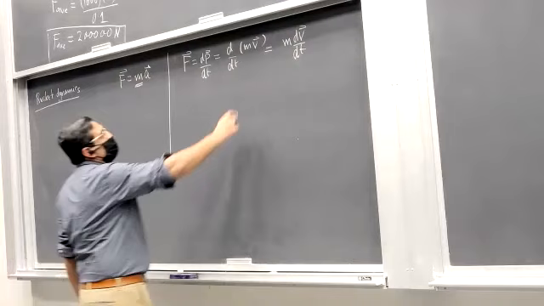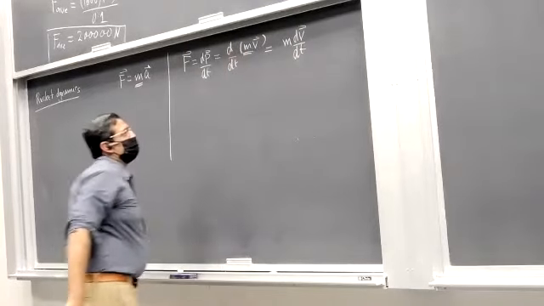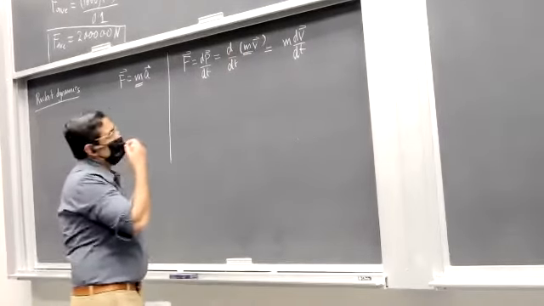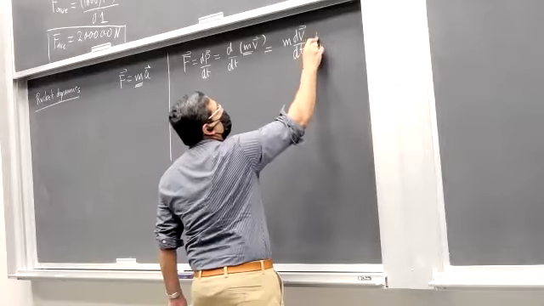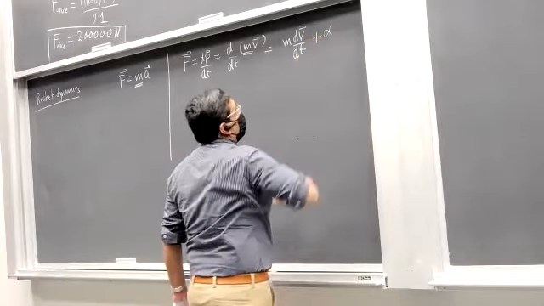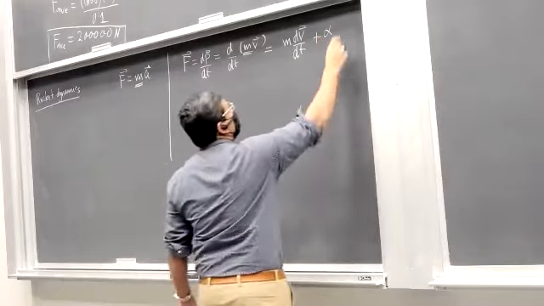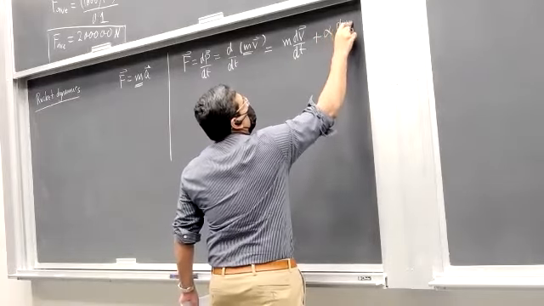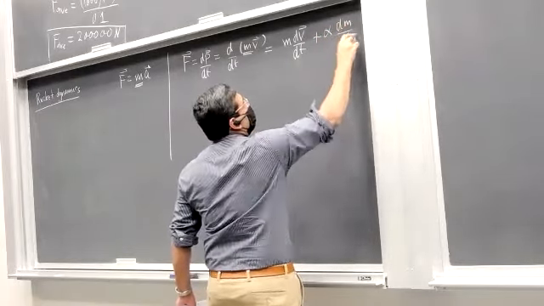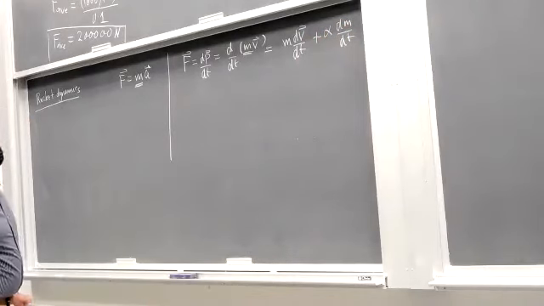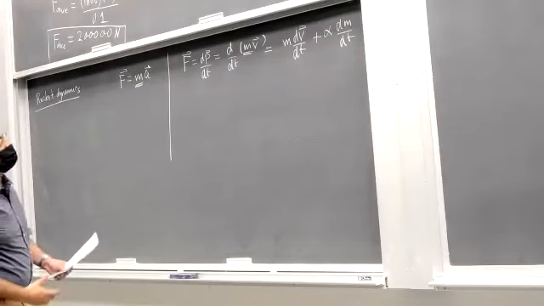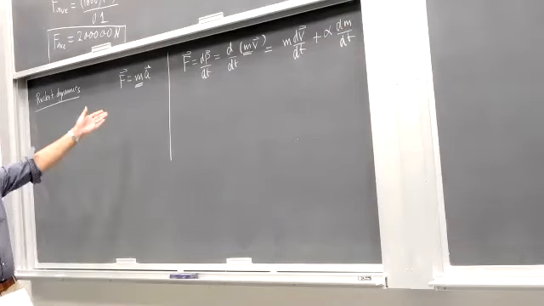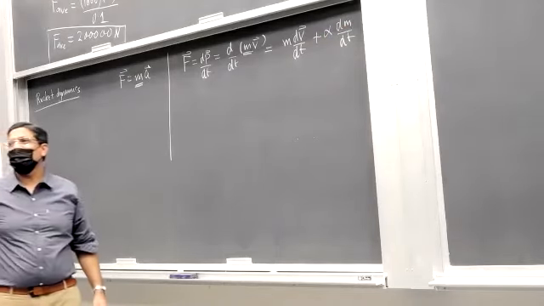If you did not take the mass constant, then there would be another term. Let me just write it vaguely: alpha times dm by dt. You see that? So the assumption in writing Newton's second law is that mass is constant.